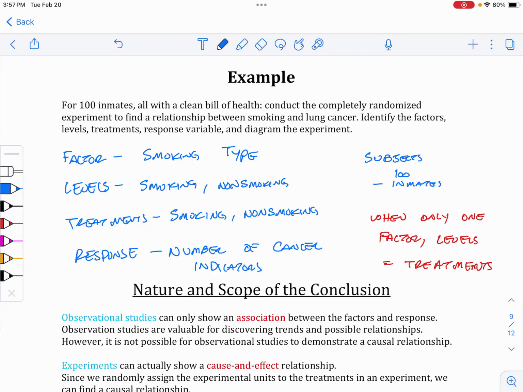So as a note, there are lots of options here. This is the best one by far, but I could also do something along the lines of pounds of tar in lungs, which is probably closer to a cancer indicator than anything. Okay, but again, my point is, make sure that you're thinking about a quantitative variable, and you have to measure it on each subject.